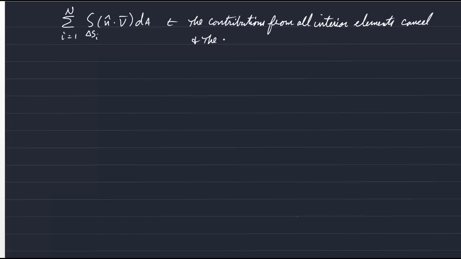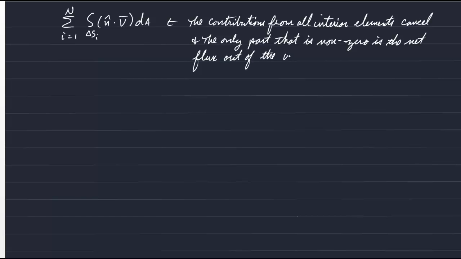And the only part that is non-zero, the only part that doesn't cancel, is the net flux out of the whole external surface.